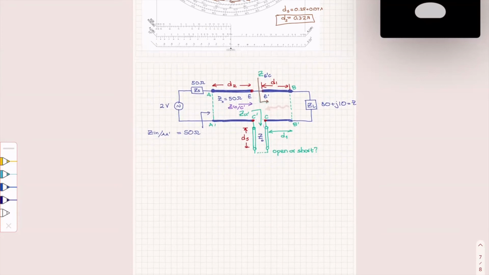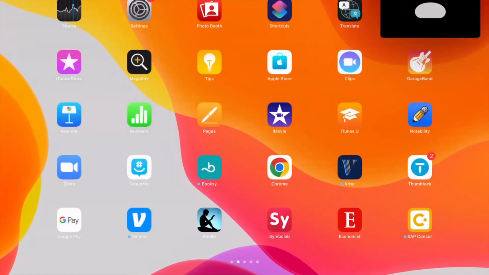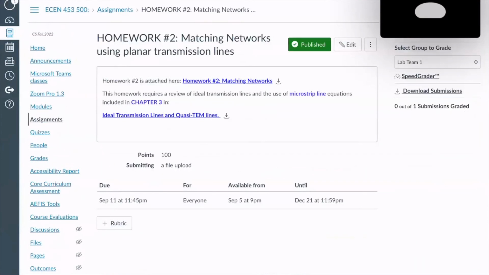What was the load that I gave you in the homework? Let me see. The homework said, homework 2.